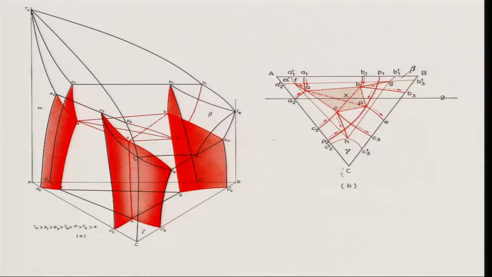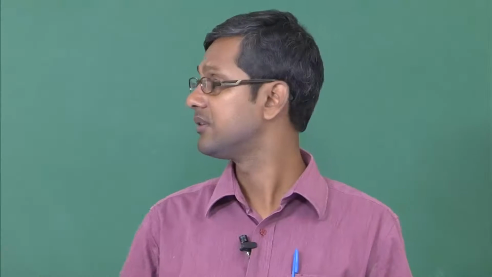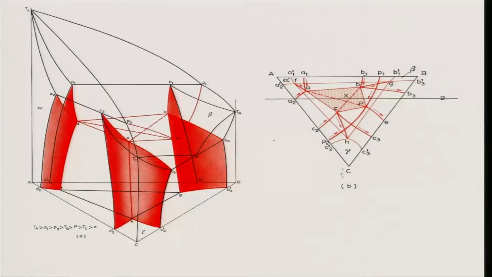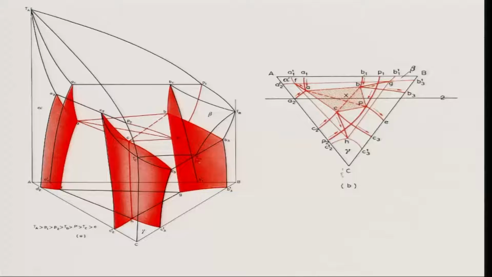You can see the AB binary forms a peritectic, the AC binary forms a peritectic, but the BC binary forms a eutectic, and this will lead to the formation of a type 3 ternary four phase equilibrium, and it is shown here like that. These are the zones of primary alpha, beta, gamma, and this is the eutectic reaction. Let me change the color, this is the eutectic reaction, and these two are the peritectic reactions, one here, one there.